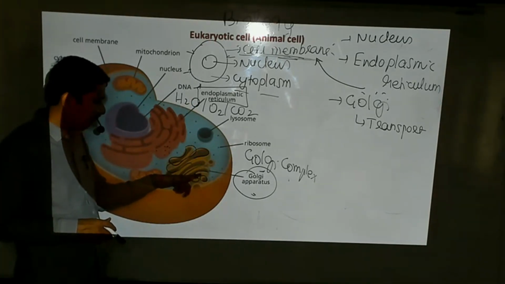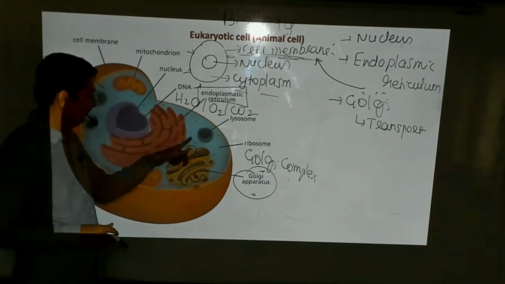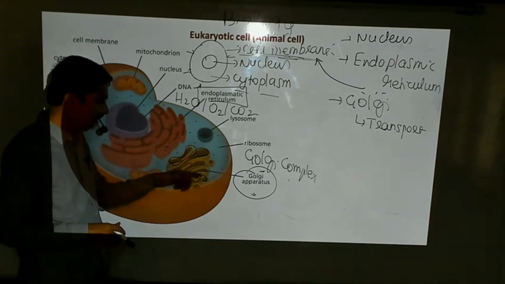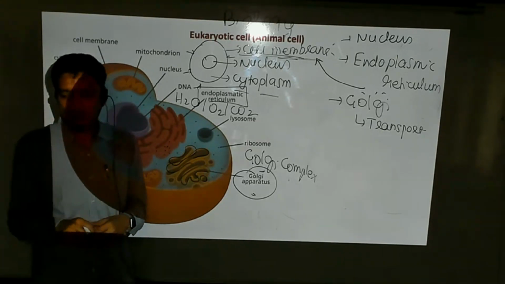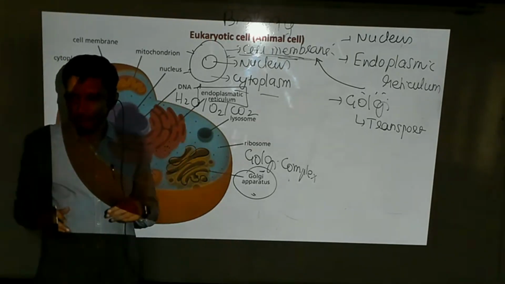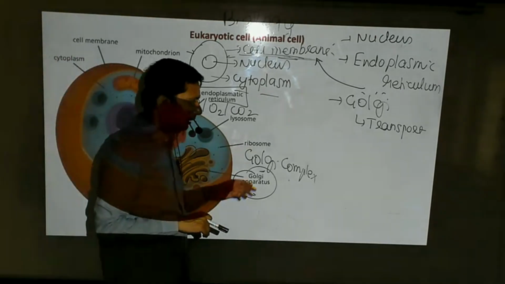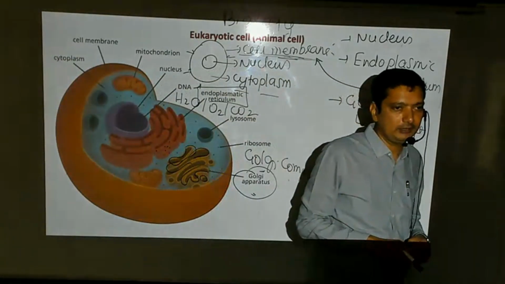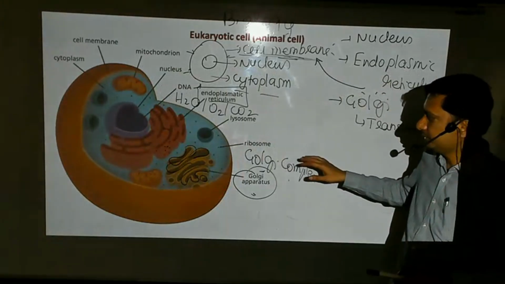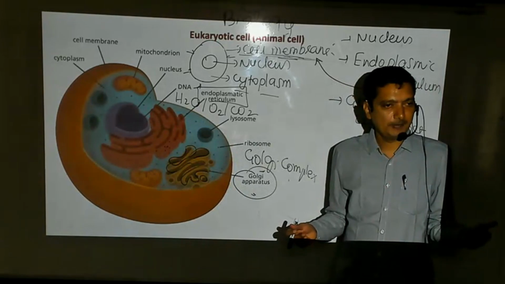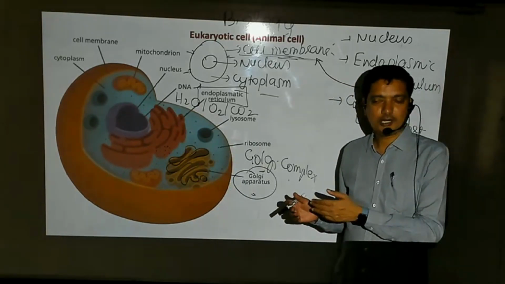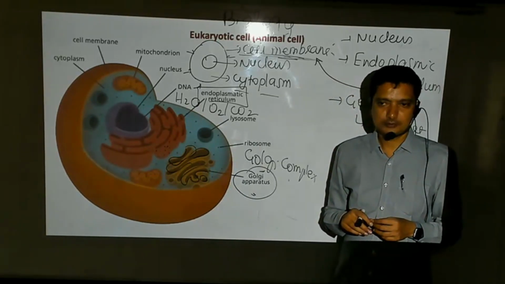Similarly, it can also carry proteins and drop proteins here or wherever proteins are needed. You can even drop protein at the membrane. There are some proteins found in the membrane as well, like channels, like gates. So Golgi's role is to carry the molecules to the various destinations. So this is like a transport system. Manufacturing unit, transport unit.